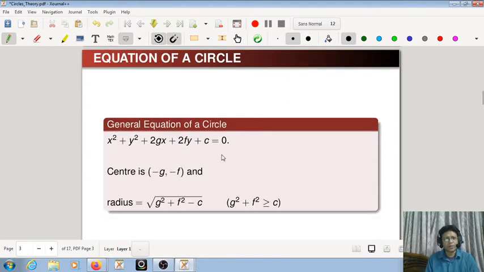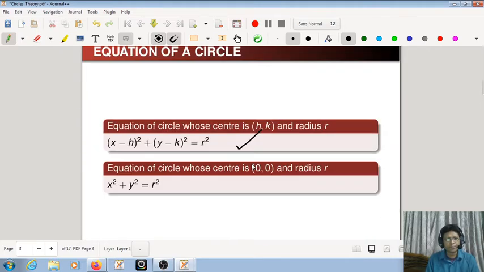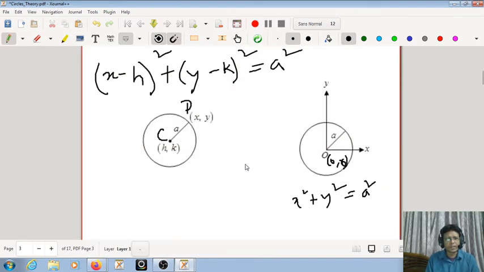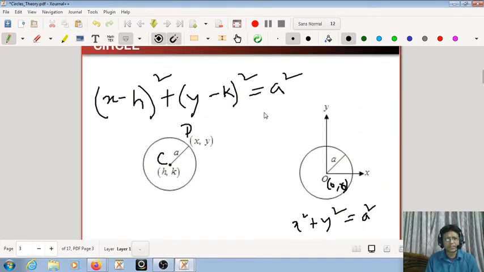Next, what is the general equation of a circle? The general equation of a circle is given by x square plus y square plus 2gx plus 2fy plus c equal to 0. Why? You see that you have this equation I was talking about.